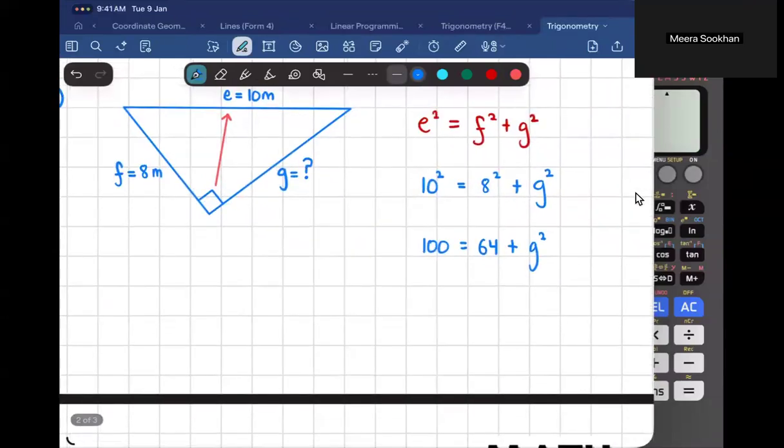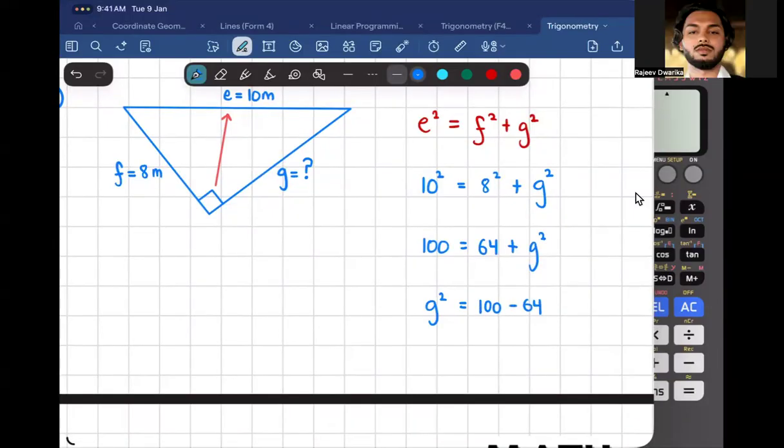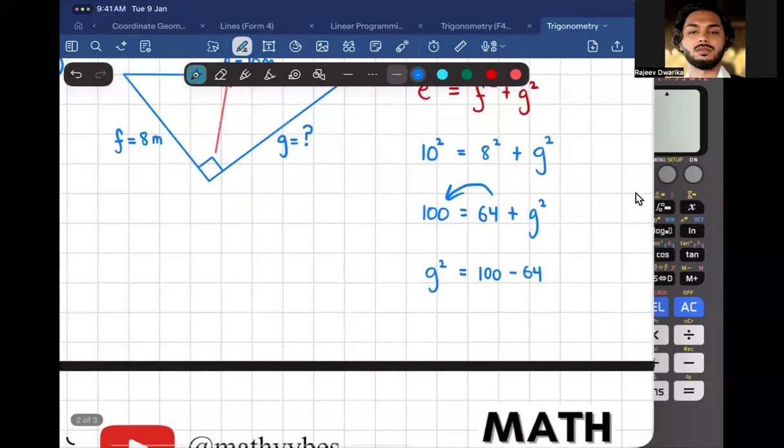So it'll be G squared equals 100 take away 64, right? Because you move across the 64 and then you swap it. So you will say 100 minus 64 is equal to G squared.